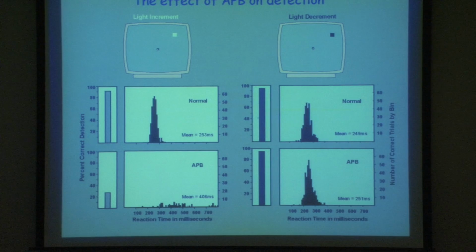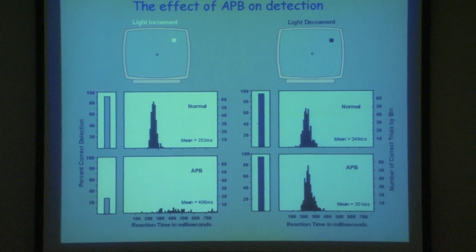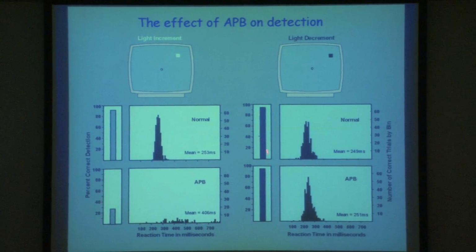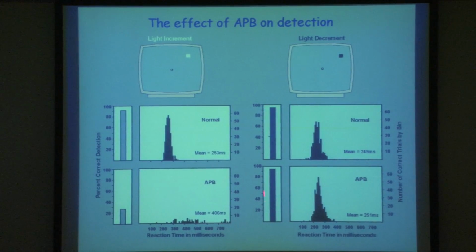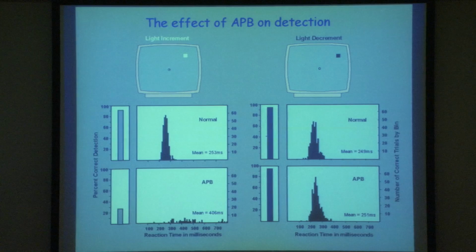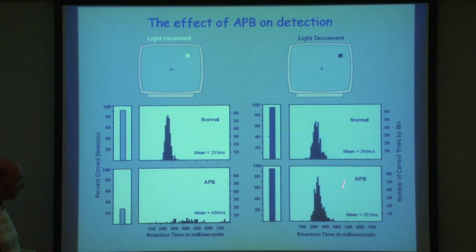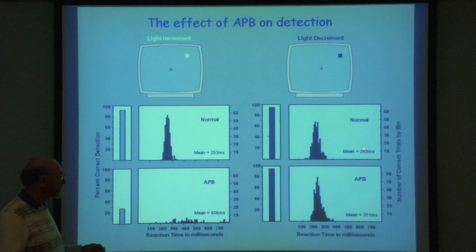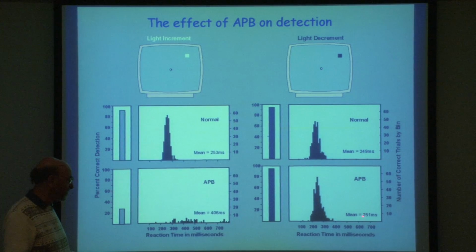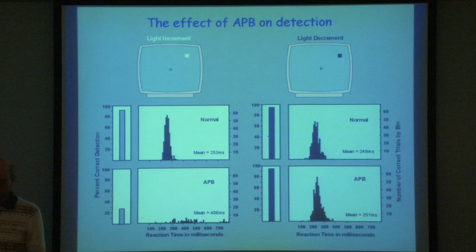Now, if you do the same experiment with light decrement, what you see here is that the monkey's performance remains normal, about 95% correct, and the latency distribution is also about the same, 249 versus 251 milliseconds.